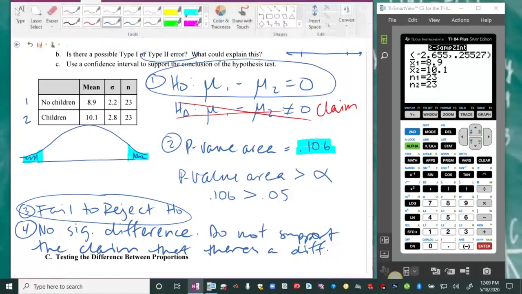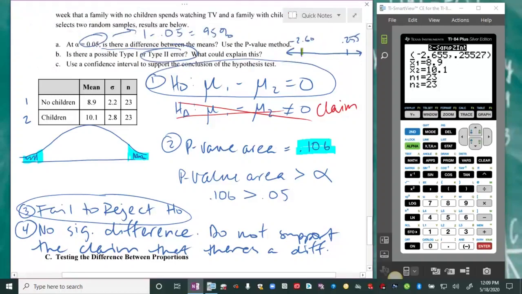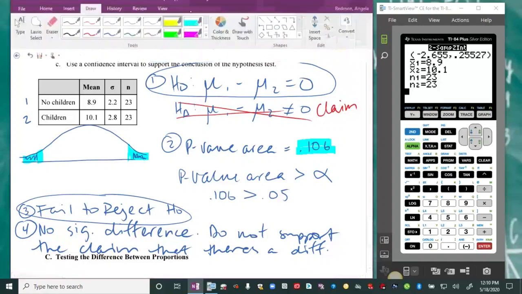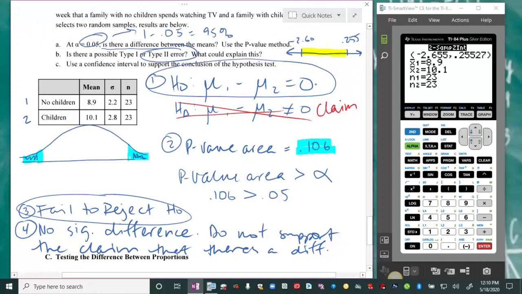So there's a 95% chance that any of these two groups of 23 is going to have a difference somewhere between negative 2.6 and 0.255 in their average viewing hours for the week. And 0 just happens to live right in that interval. So we are expecting, along with those numbers, a difference of 0 with that 95% probability.